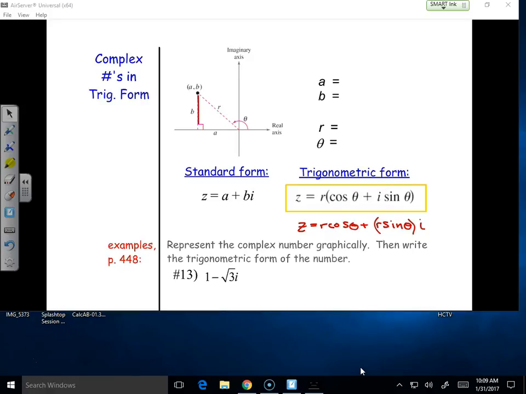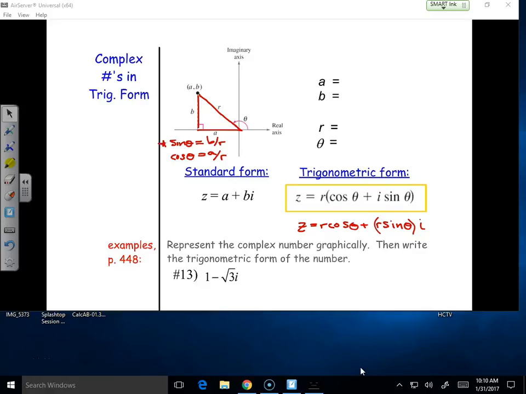From a right triangle, we can pull out the relationships between both quantities. In this section, a is the real component of a complex number, b is the imaginary component. To get a, can't we set up little relationships like sine of theta equals opposite over hypotenuse, cosine of theta equals adjacent over hypotenuse?